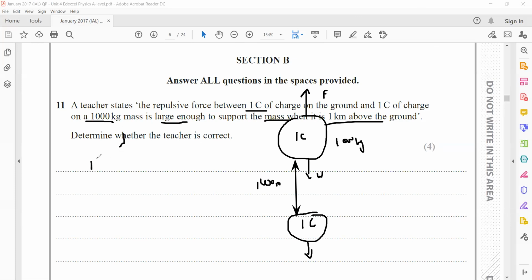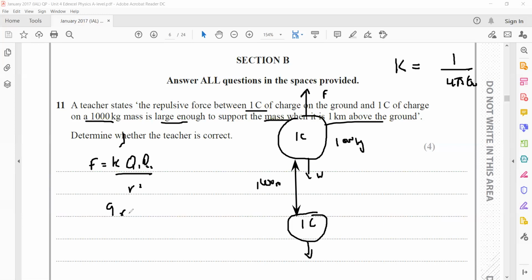I will find F is equals to K Q1 Q2 over R square. The value of K is 9 exponent 9, or if you don't remember, you can also work it out by using the formula 1 over 4 pi epsilon naught, and epsilon naught value is given in the constants. Otherwise, if you remember 9 exponent 9, that's also correct.